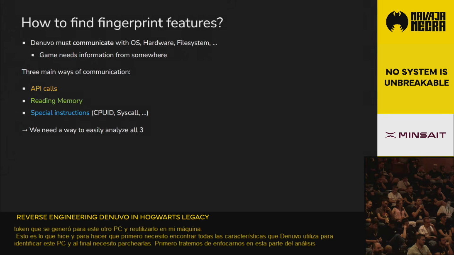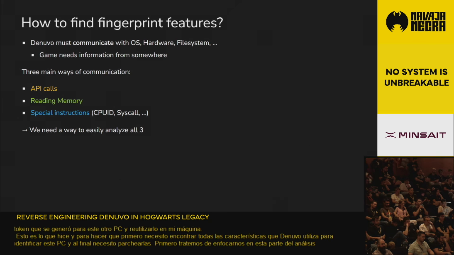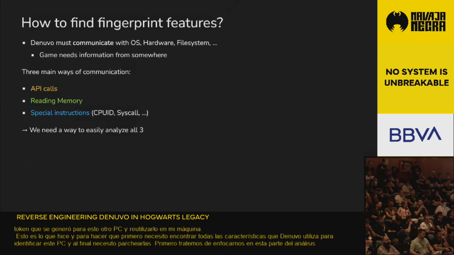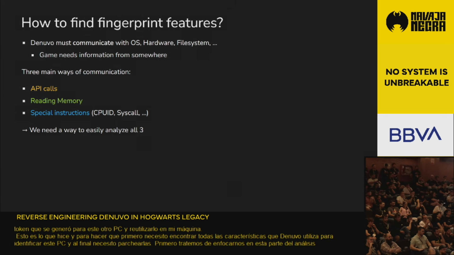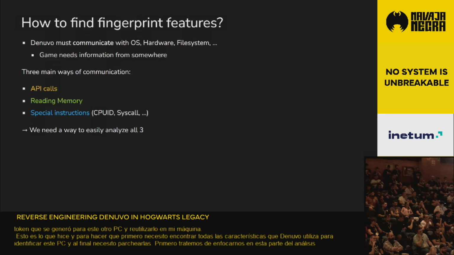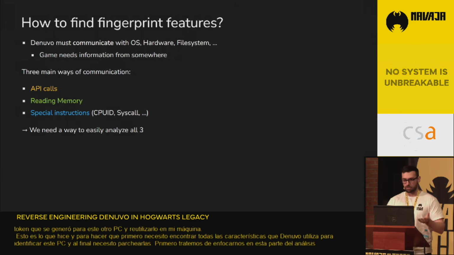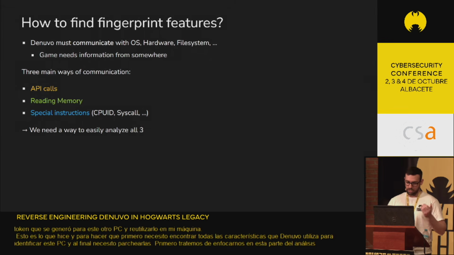What I came up with is that Denuvo somehow must communicate with your operating system. It needs to communicate with your hardware, with the file system, anything to gather information about your PC, to gather identifiers. And I think there are only three main ways of communication that a Windows process can do. The first one is API calls. So you can, for example, call the Windows API and get the Windows username.